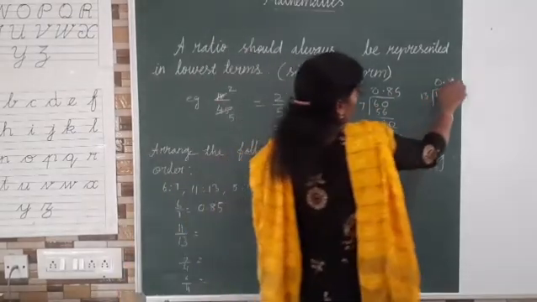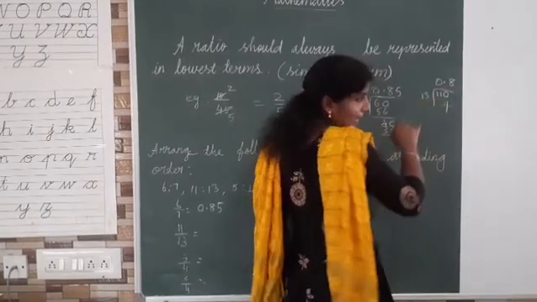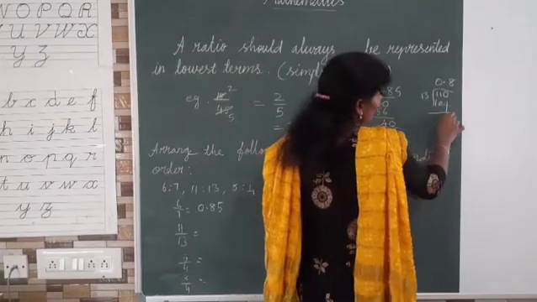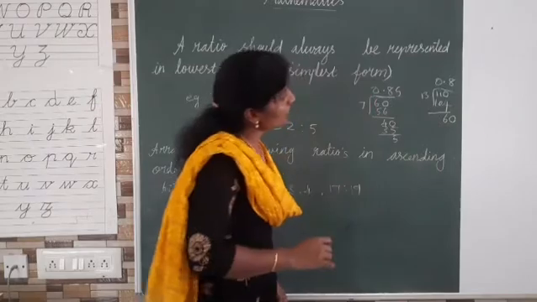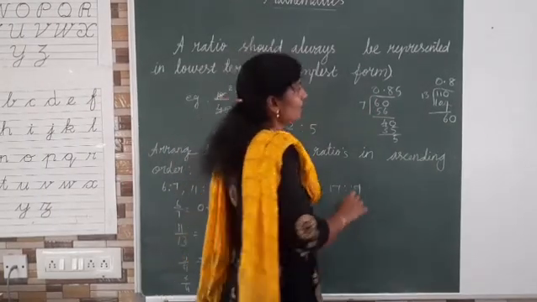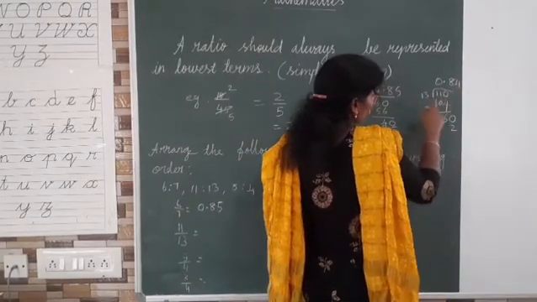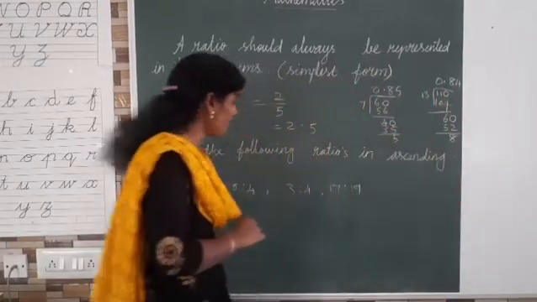So 8: 8 3s are 24, balance 2, 1 into 8 is 8 plus 2 is 10, 104. Now 6 balance. Again 0. 13 into 3 means 39, 4 means 52. 4 3s are 12, 1 balance, 1 into 4 plus 1 is 5, 52. Then 8. 0.84, isn't it?